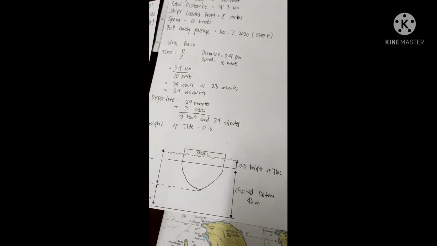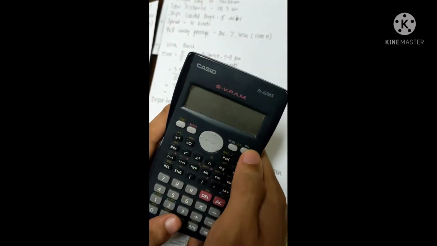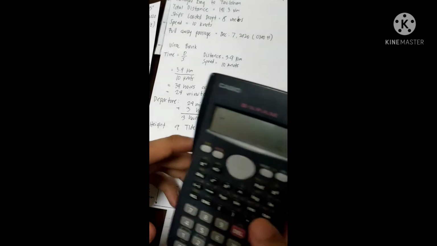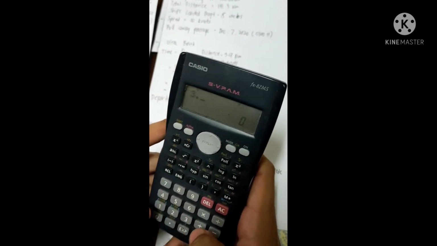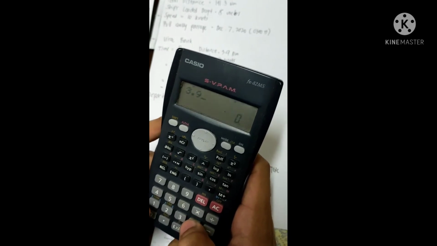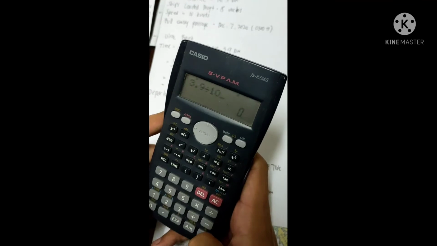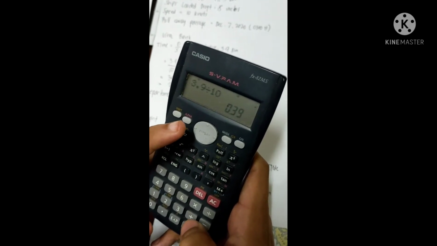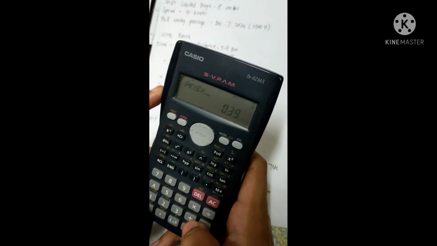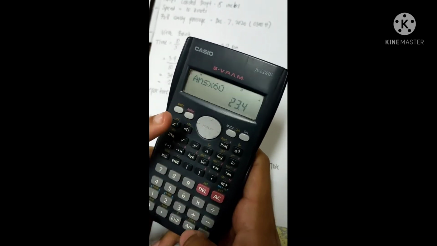So we will try it in the calculator. 3.9 divided by 10 equals 0.39, times 60 equals 23.4.